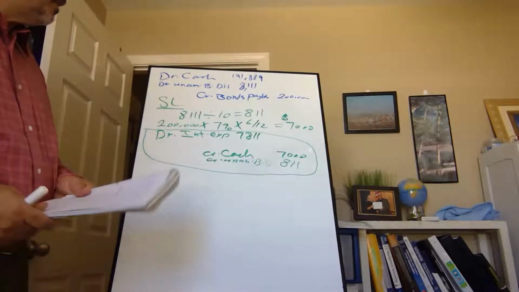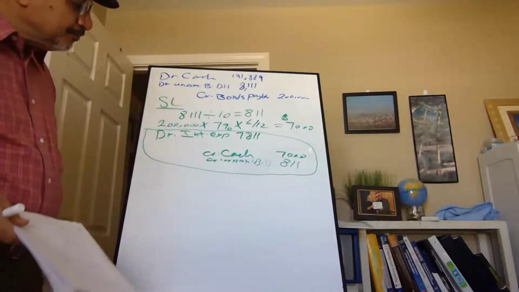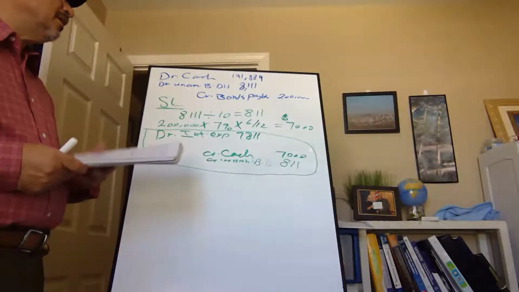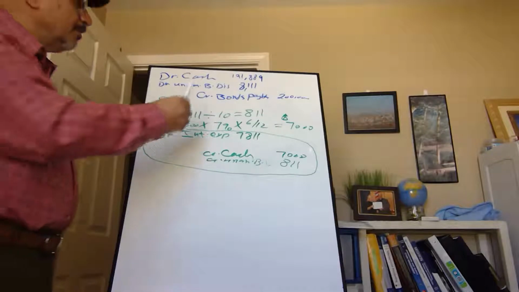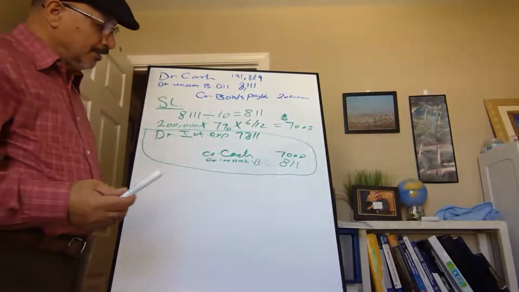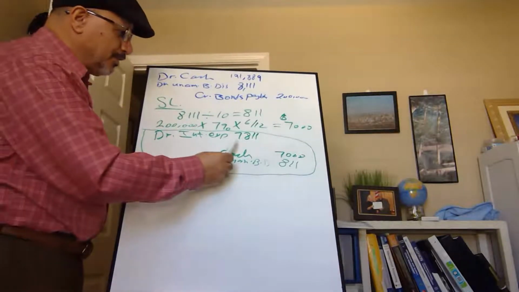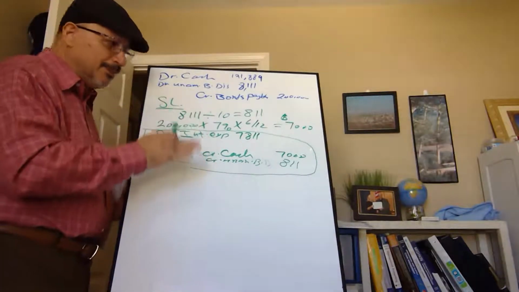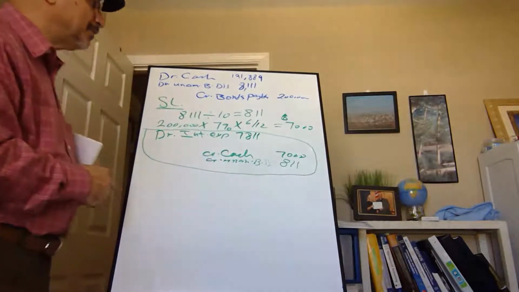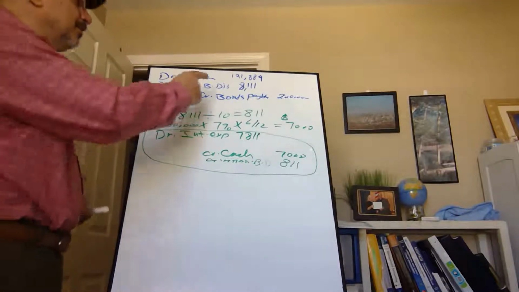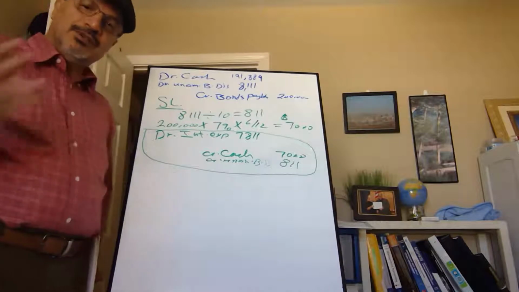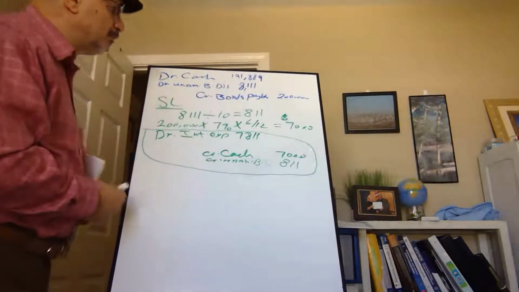Okay, now what's happening every time you amortize a portion, the 8,011 goes down a little bit. But the carrying value or the issue price or the book value of that bond will go up.